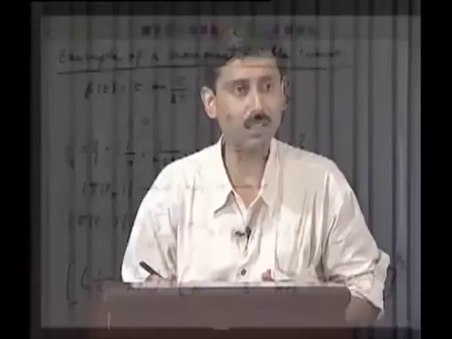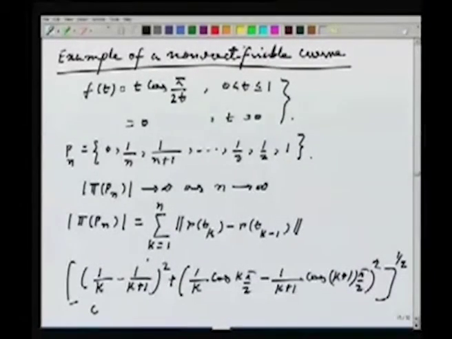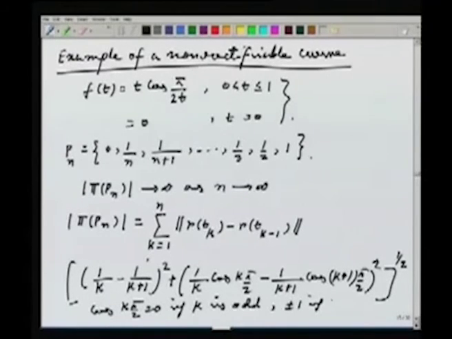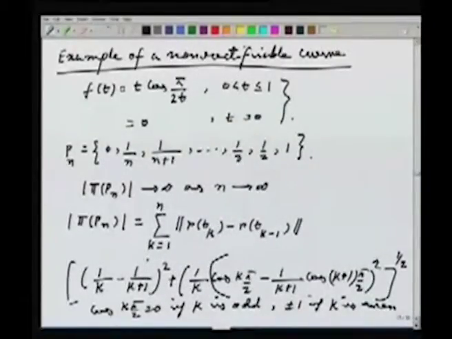Now, looking at cosine, I know that cos(k pi by 2) equals 0 if k is odd, and if k is even, it's plus or minus 1. So whether k is even or odd, one quantity here or here would be 0.